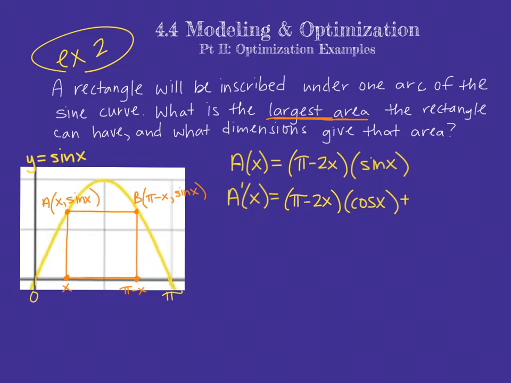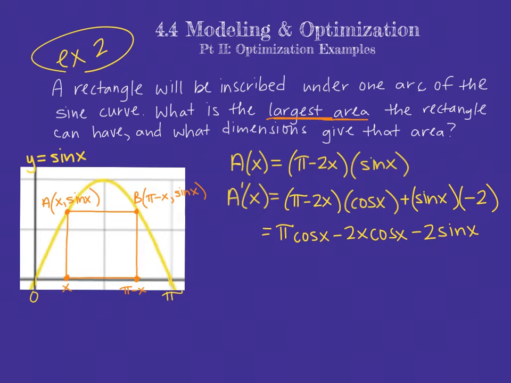Then I want to do v times u prime. U prime is going to be the derivative of pi minus 2x. Well, this is two terms, so the derivative of pi is 0, since pi is a constant, and the derivative of minus 2x is just minus 2.